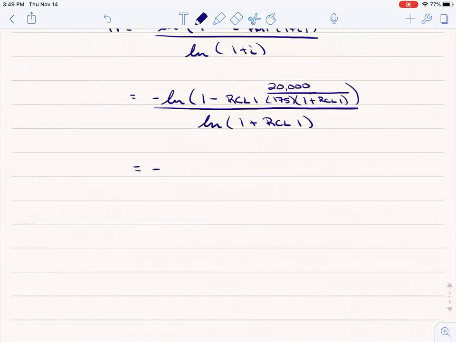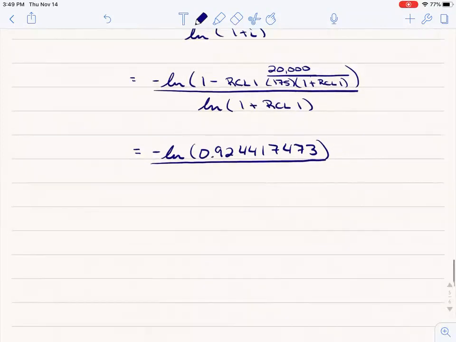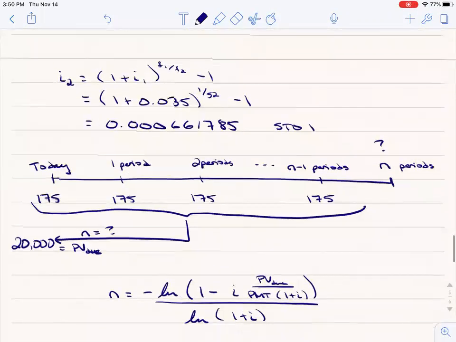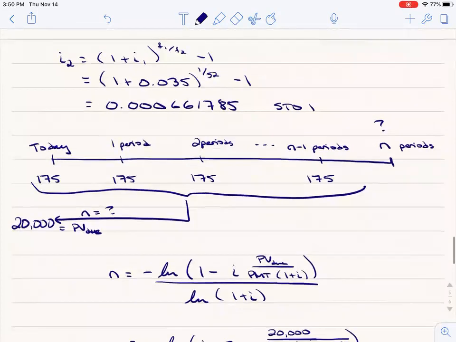Here, I'll do a check-in point. You don't have to, you can go straight to the answer if you want, but I get the negative log of 0.924417473. If that's not what you have, you did it wrong. So you have to be careful. Over the log of 1, I'll just do 0.000661566, right?